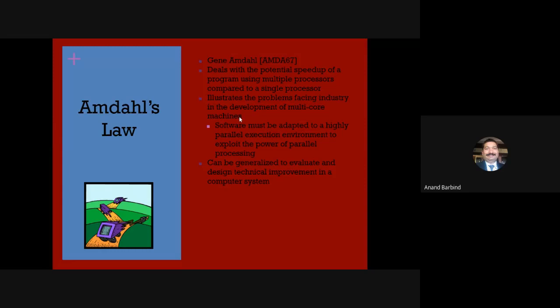Okay, so what will happen if you increase the number of processors? That is illustrated by Amdahl's law. Software must be adapted to a highly parallel execution environment to exploit the power of parallel processing. Many times, simply by increasing the processors, you cannot increase the speed, because it should be possible to divide your program into segments which can be executed simultaneously or in parallel.